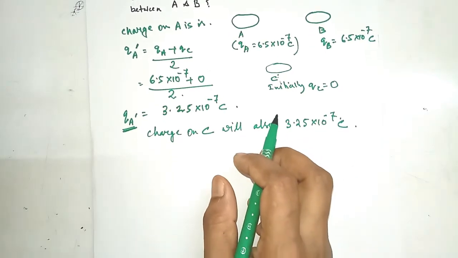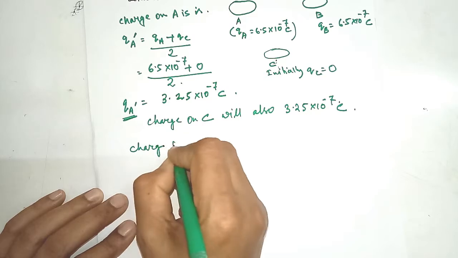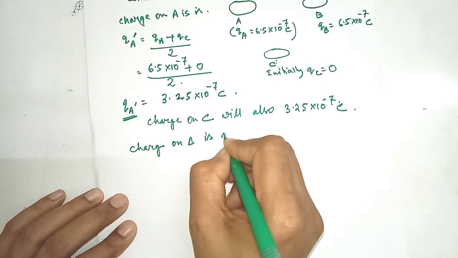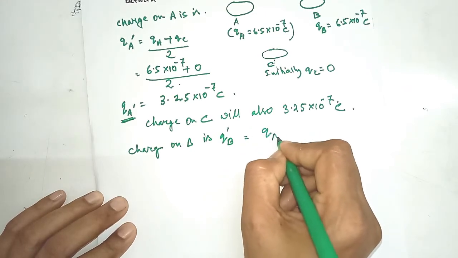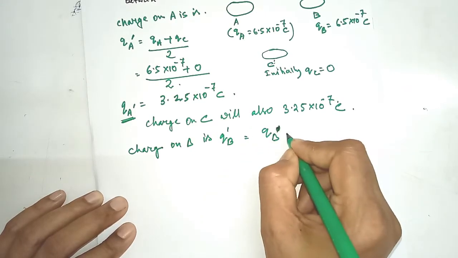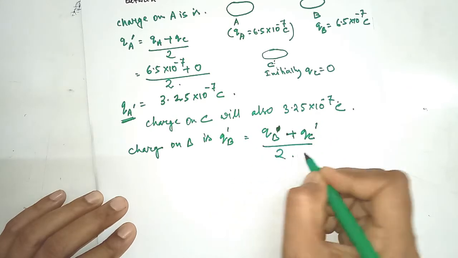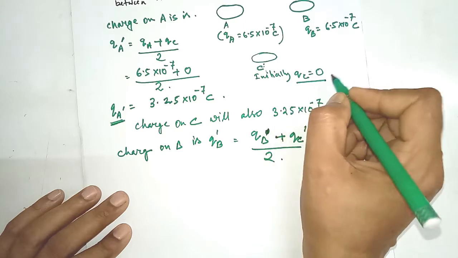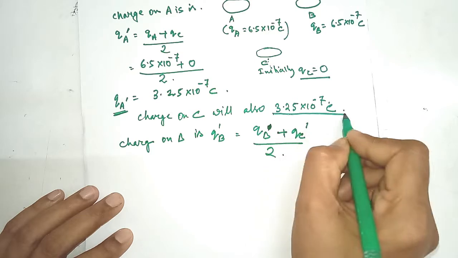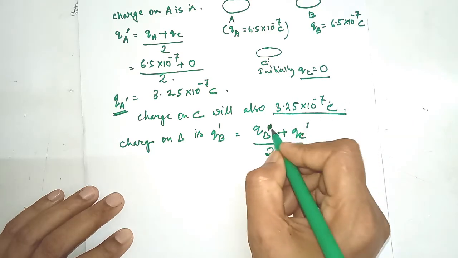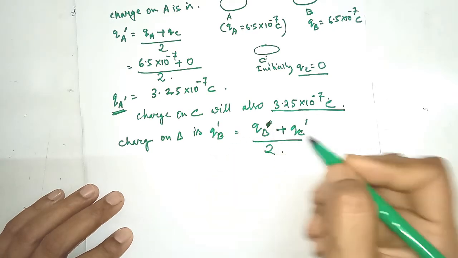So what will happen, then the charge on B is QB dash, so that is (QB plus QC dash) by 2. Initially the value of QC is 0, and after contacting with the sphere A, it got the value 3.25 into 10 to the power minus 7. Now we add the new value, that is QC with QB.